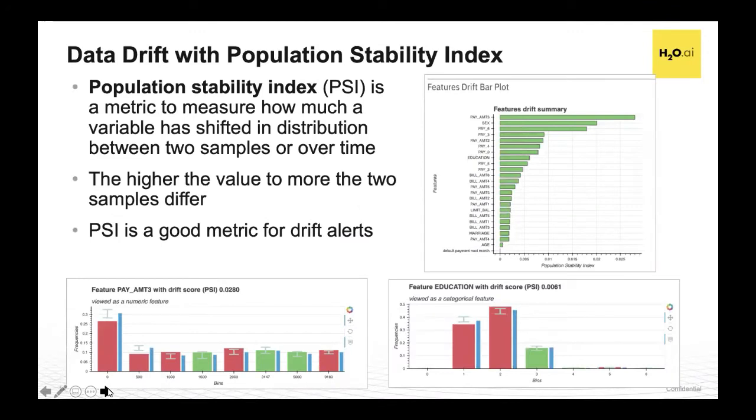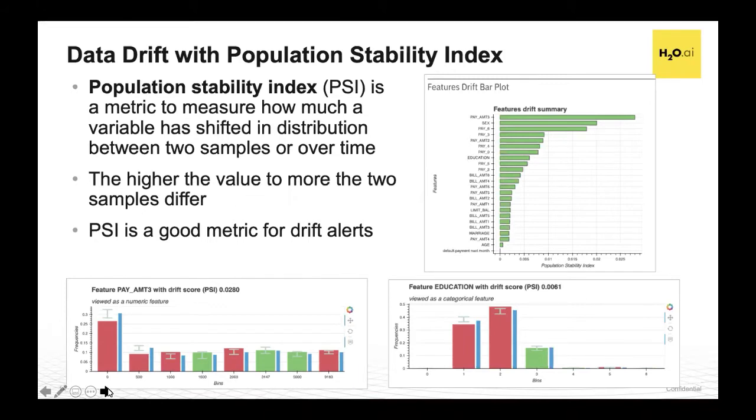Data drift monitoring can use a couple of different methods. I would say the most popular base data drift metric is the Population Stability Index, or PSI, which is a metric used to calculate how different two data populations are. And this is really useful, because that's exactly what I'm doing in drift. I'm trying to figure out if my training data and my production scoring data are different from each other.